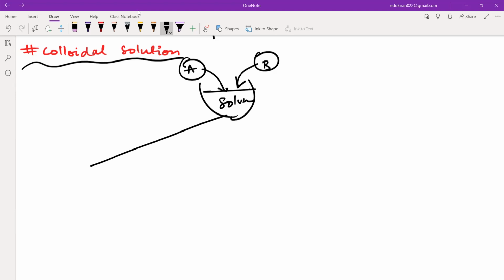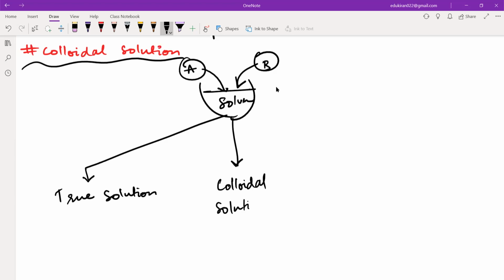If I add something in the solvent, it can either become a true solution, or it can be a colloidal solution, which is also known as sol, or it can be a suspension.